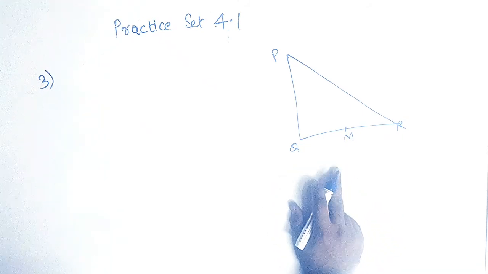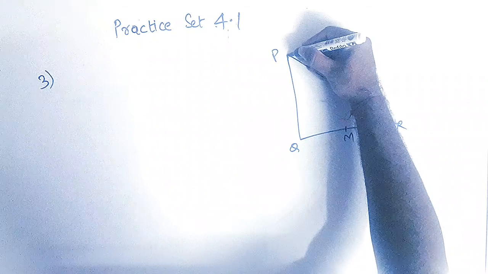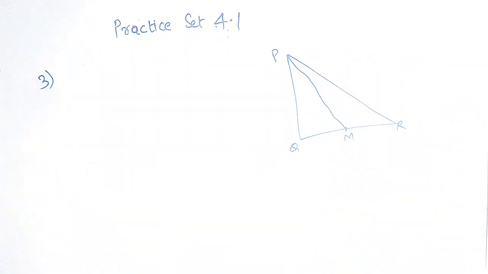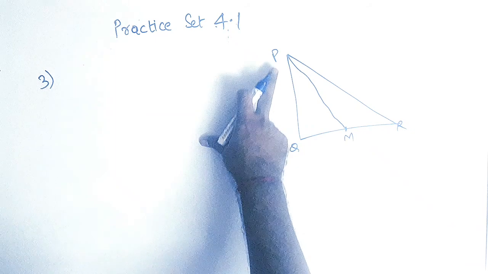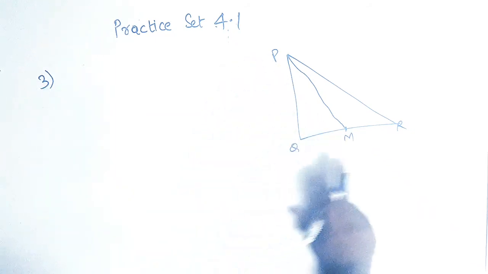But what is a median? The median is a line that joins the vertex and the midpoint of the opposite side. Clear? Median is a line which joins the vertex to the midpoint of the opposite side.